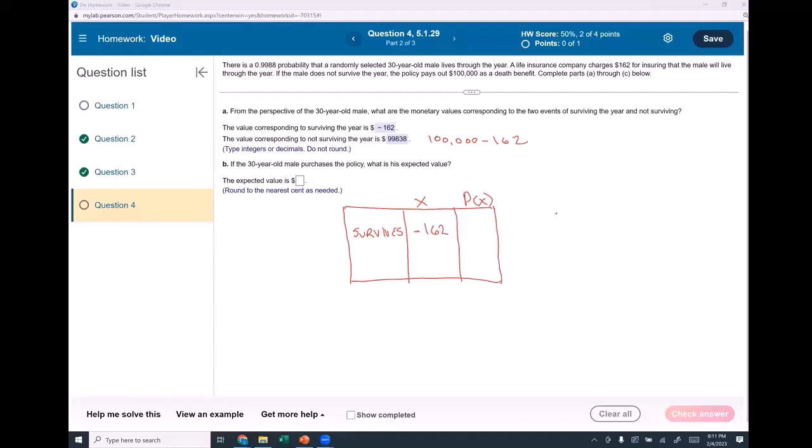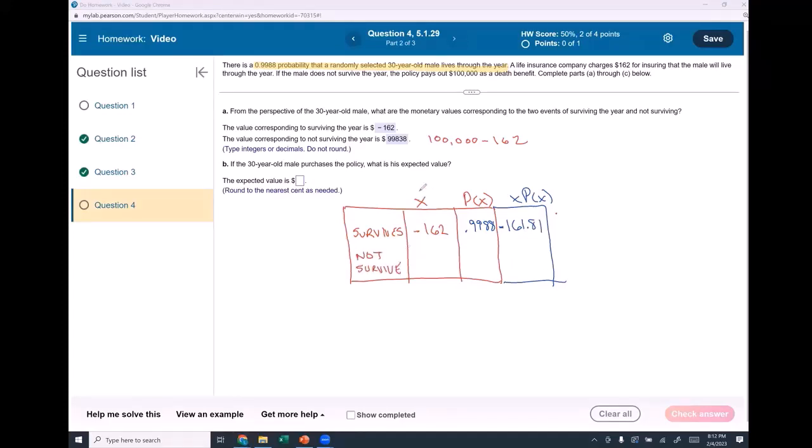Let me highlight it. That's the probability that he's going to live through the year, 0.9988. And then I need another column here. X, P of X. That is negative $161.81.